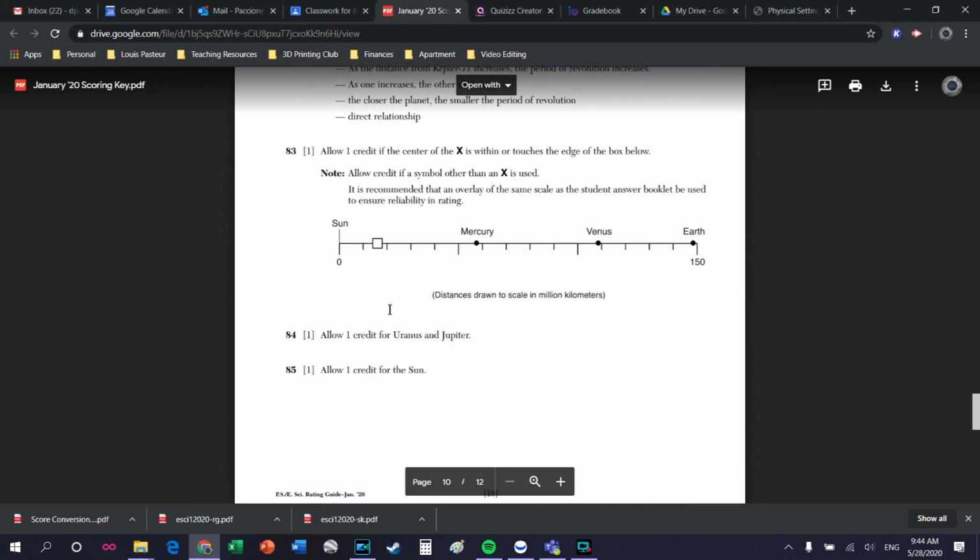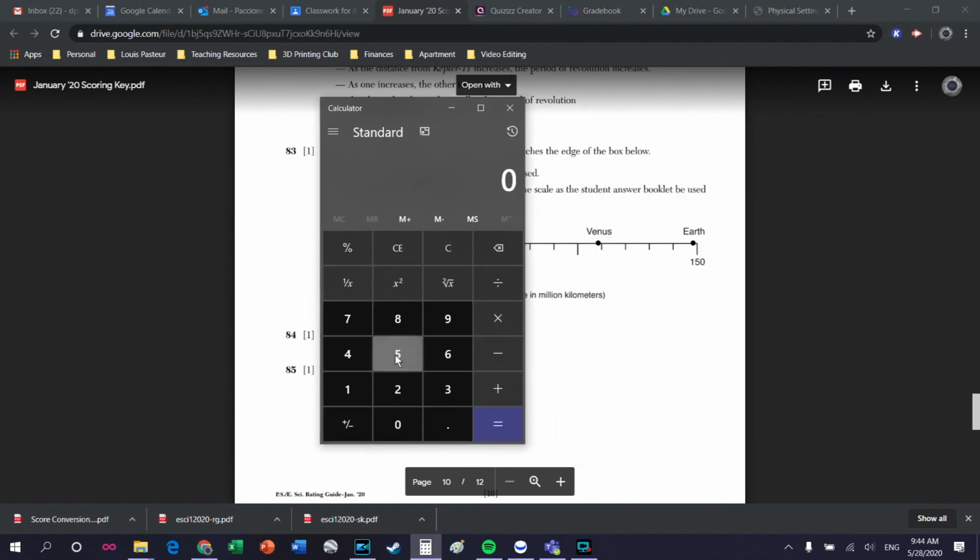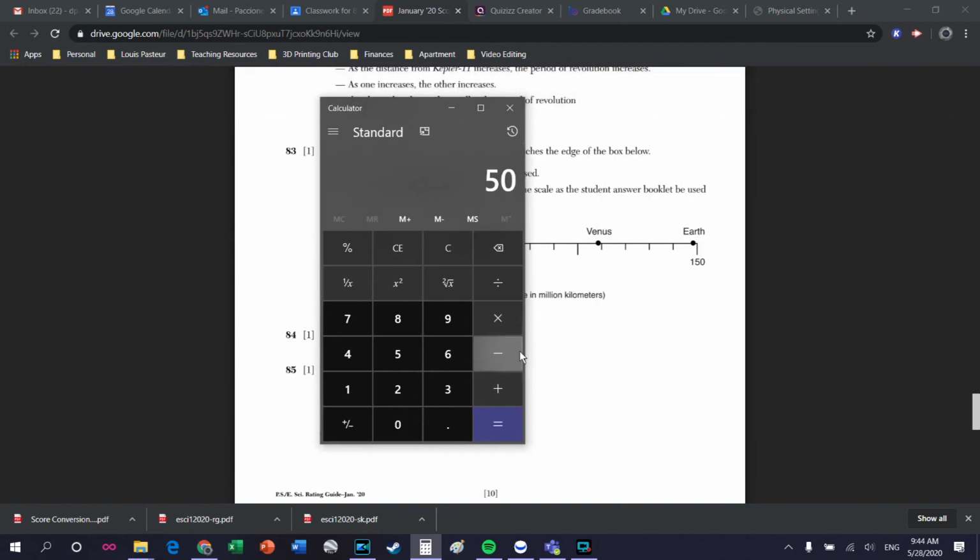So if we do the math, there are 50 multiple choice questions, so you had a score out of 50 for the multiple choice. And then you get another 35 potential points. So the total possible points for the test is 85. So you should have a score out of 85.